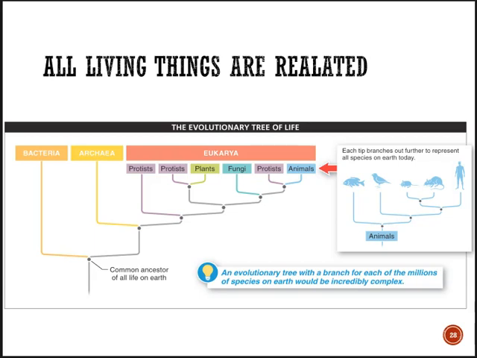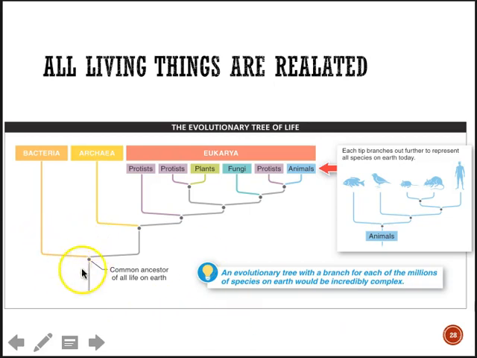For example, all living things are made up of cells, right? So if you inherit your cells from your ancestor, and you go back far enough in time, you're going to come across the ancestor of everything, because something had a cell and passed that trait on to the offspring.